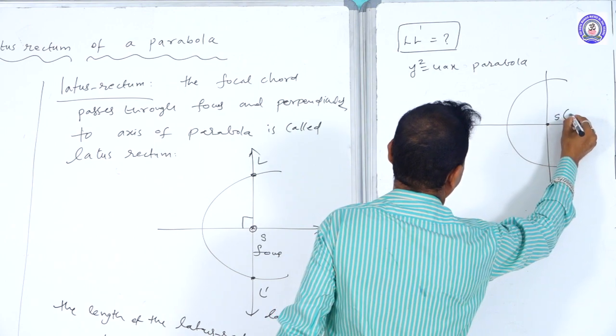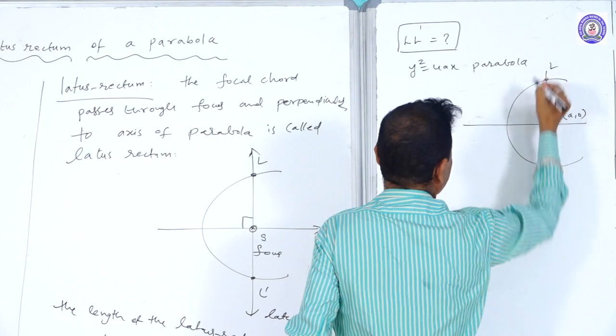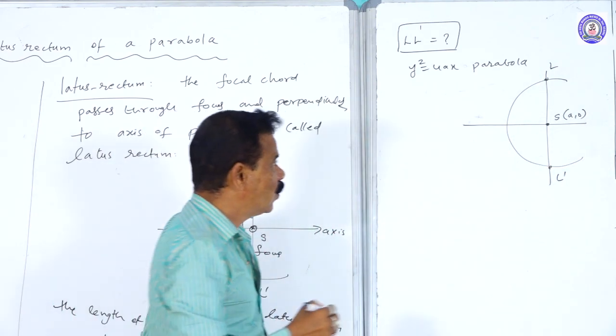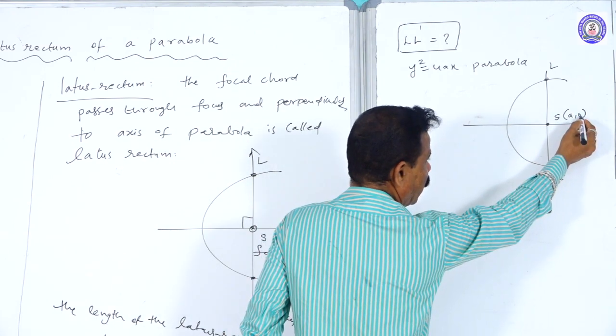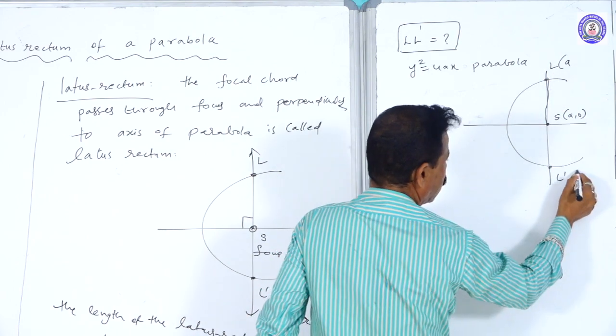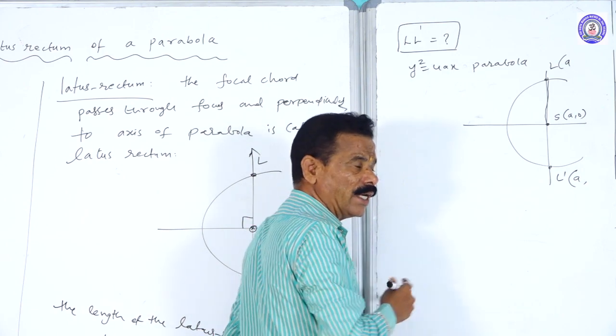This is S, (a, 0). This is L. This is L dash, the ends of the latus rectum. So here the x coordinate is a, the y coordinate is 0. Here also the x coordinate is the same, a. But we don't know the y coordinate.